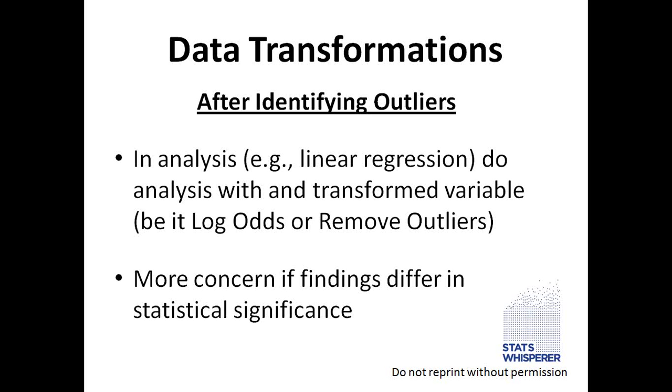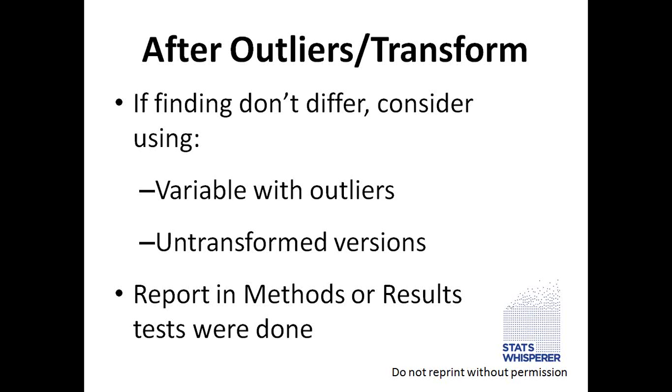So like I said, if it did fix the problem with the kurtosis, I would do a regression both ways, with the transformed and the untransformed, same with the outliers, and if the findings were the same, I would like to leave the original variable in there. And I would report it in the methods, right? So we'll get to that. All right, so if the findings don't change, consider leaving the untransformed version in there and report in the methods, right?